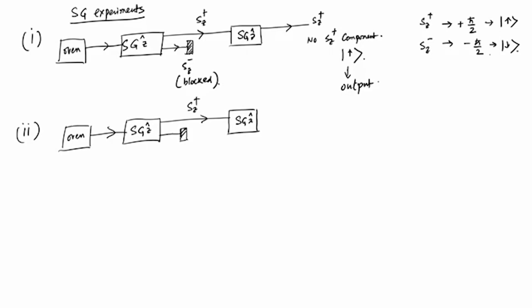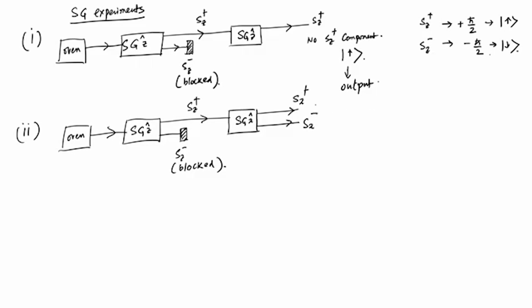So, again we block the Sz minus component. So, it is blocked. Okay, so what will come out is an Sx plus component and an Sx minus component.